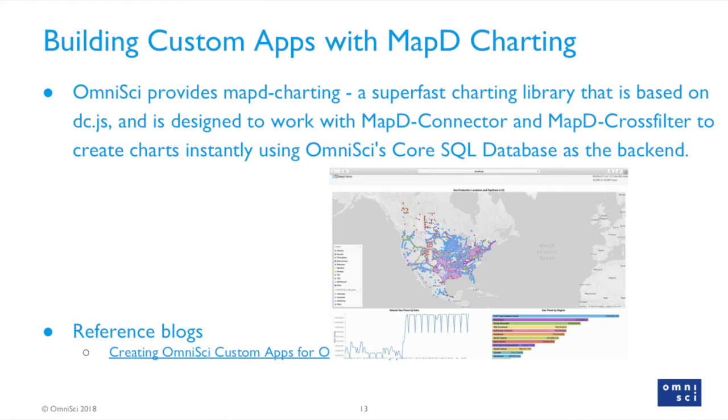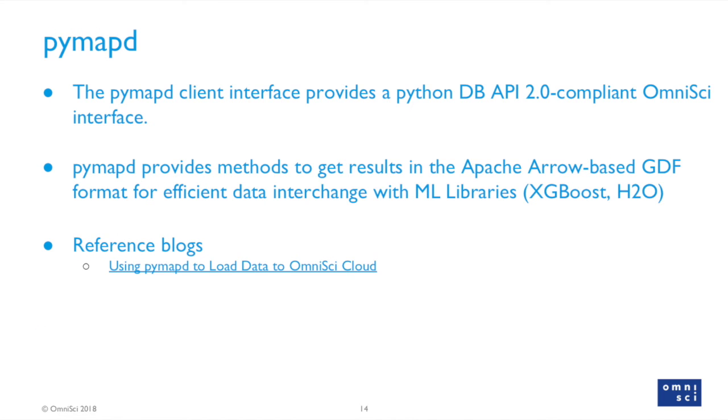Okay, and then so again, there is going to be a reference blog. Look out for that, creating OmniSci custom apps for oil and gas. And PyMapD. So this is really, really important. There's a wonderful blog written by Eric, and I added a little dribble here and there.